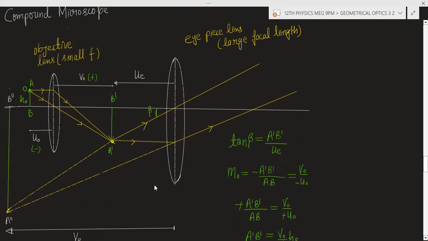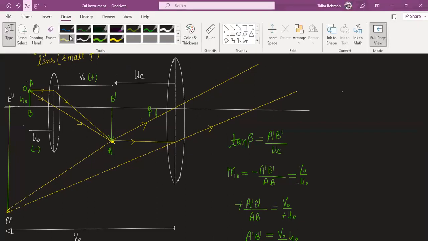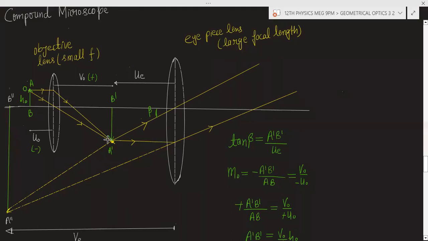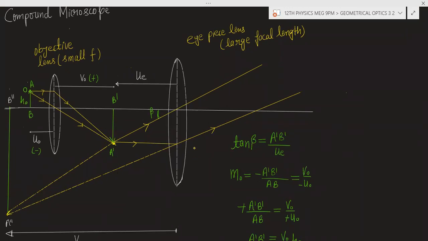I'm not saying this is a diagram for the normal adjustment. For the normal adjustment, this eyepiece will form the image at infinity. So you have to show the image like this. Both the rays will go like this. They will never meet, they will meet at infinity. So if they ask for the compound microscope, we should make parallel rays, like they should not meet.